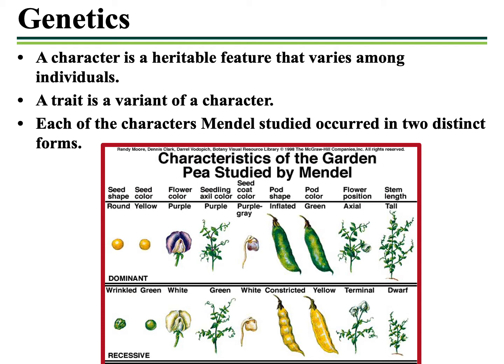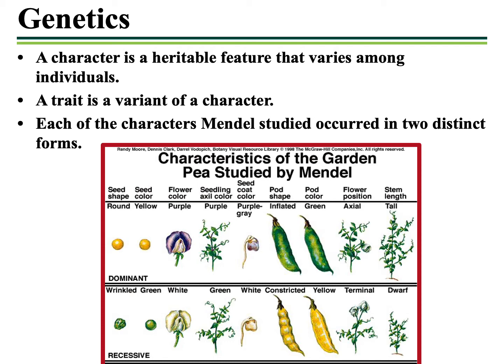So what you see in this table is an example of the characters and the traits associated with those characters. In the very far left column, you see the character name: seed shape, seed color, pod shape, and so on. And there were two very easily identifiable traits associated with each character.